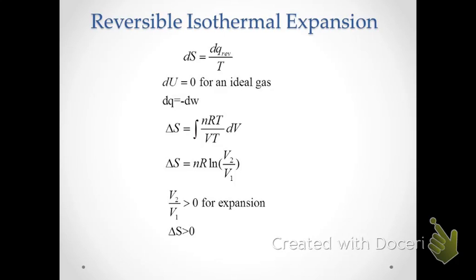Now, if we have an expansion where the final volume is greater than the initial volume, that means that V2 over V1 is going to be greater than 1, and that means that delta S is going to be greater than 0. So an isothermal expansion is going to be accompanied by an entropy increase.